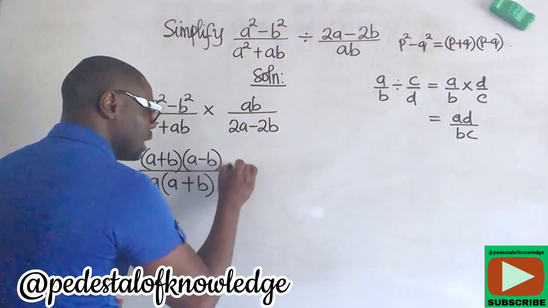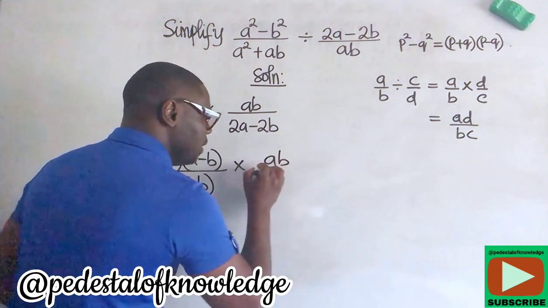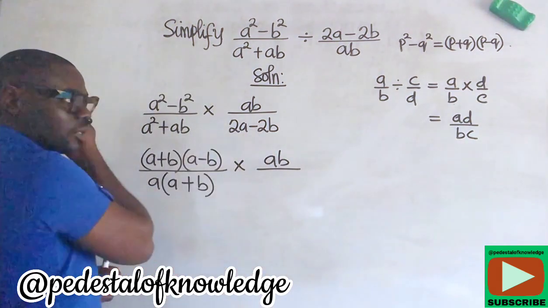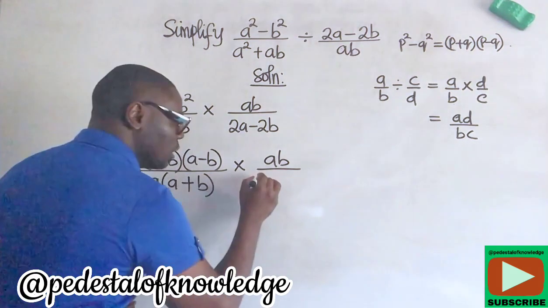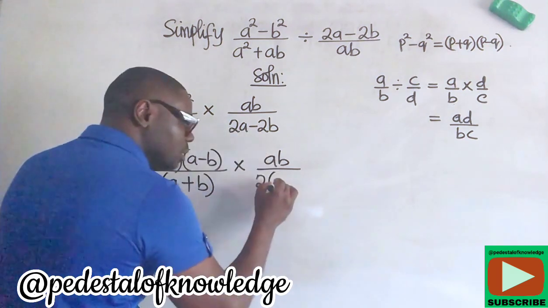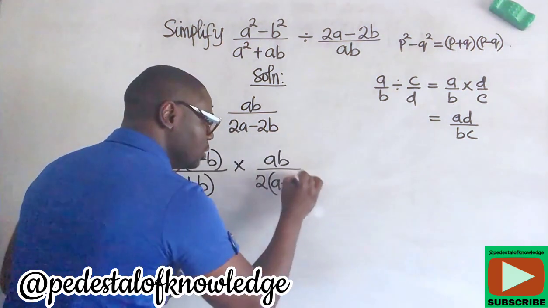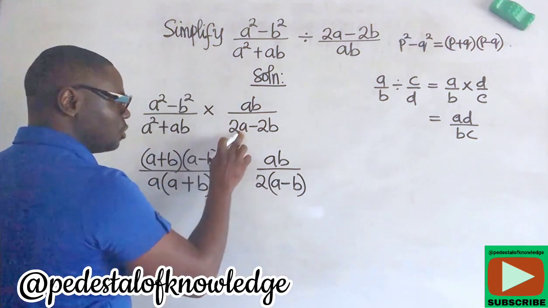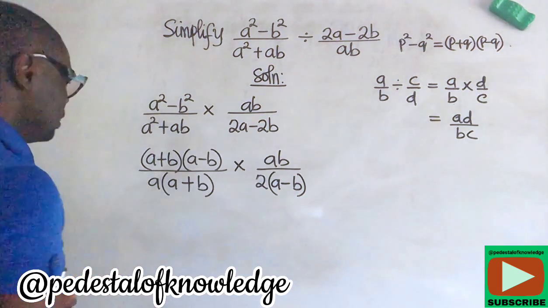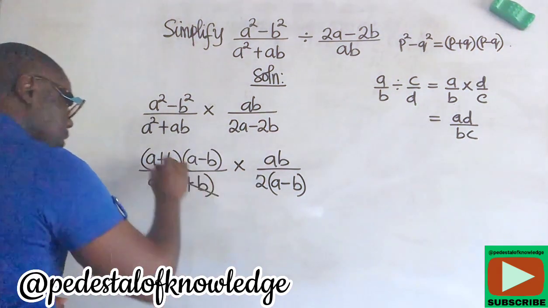All right, times we have ab divided by, now here we can see that 2 is common, so we factor it out. Now when we factor out 2, we're going to have a here minus what remains here, which is b, because 2 times a will give us 2a and 2 times minus b will give us minus 2b. All right, so now we cancel this with this.